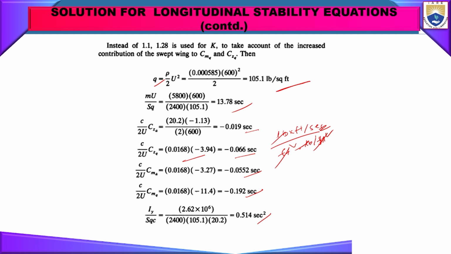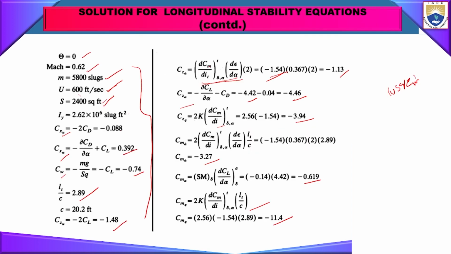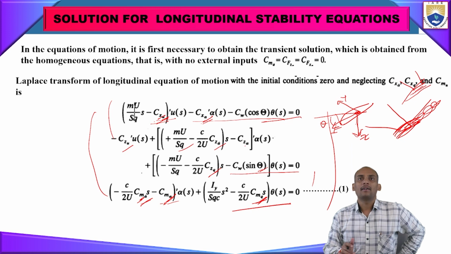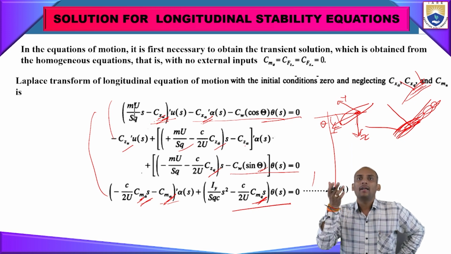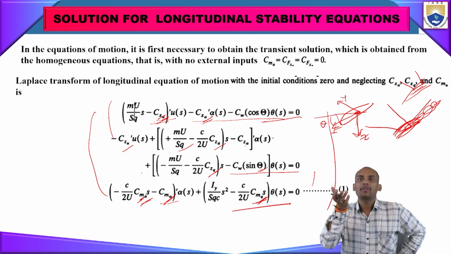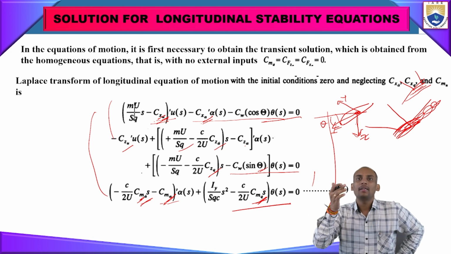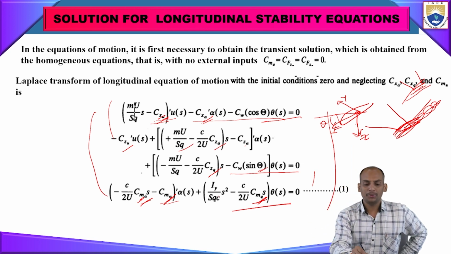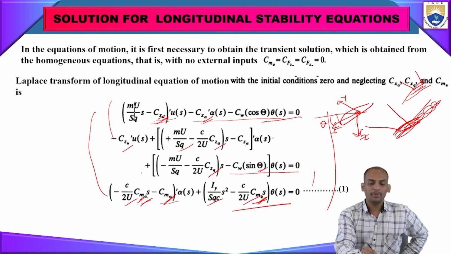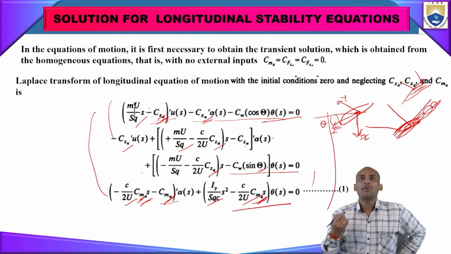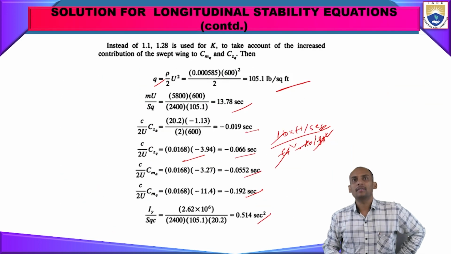We will get it from other values like Cxa, and Czu, and Cza, and Czq, and Cma and Cmq also, these values we got, and this Iy by sqc, and c by 2u into these values, and other mu by sq values we already got here.